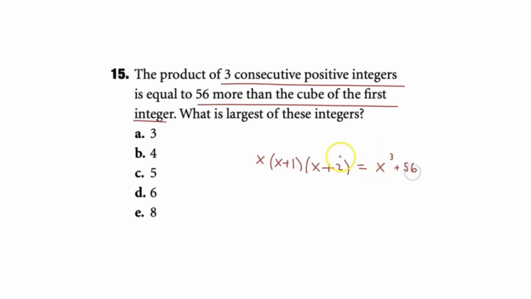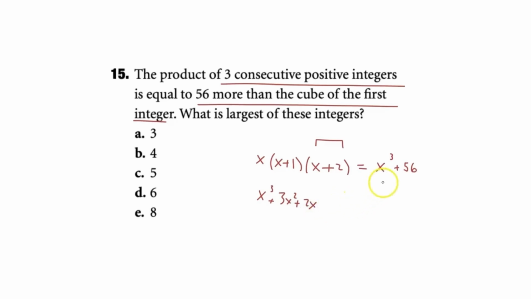All right, so what is the largest of these integers? So we can just find the value of x, and we find the value of x, add 2 to it, that would be the largest of these integers. X times x plus 1 times x plus 2, this simplifies to x cubed plus 3x squared plus 2x.